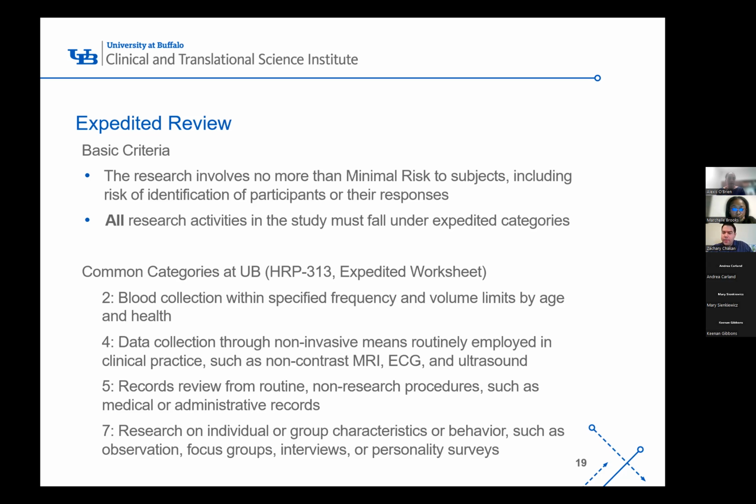That's the most common description I would give. And again, anything involving children automatically has to be expedited for surveys and focus groups and interviews.